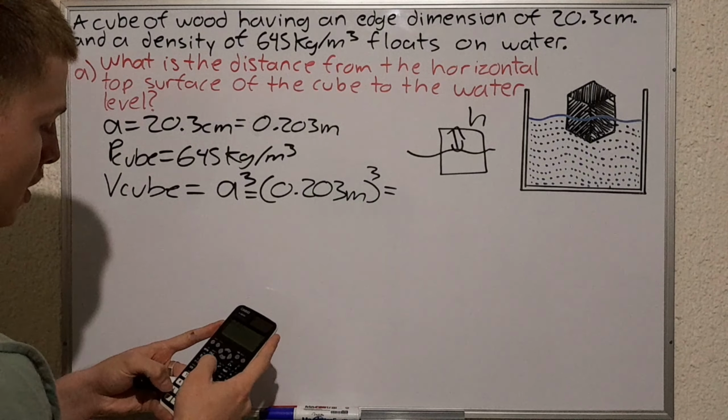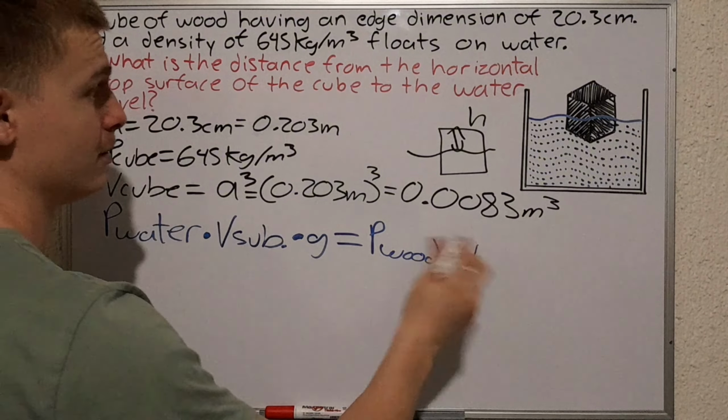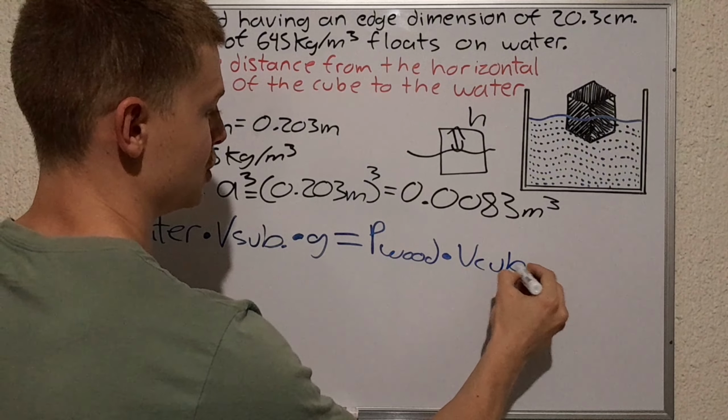This is equal to the density then of the cube, which is made out of wood, right? So it's density wood times the volume of the total cube times G.